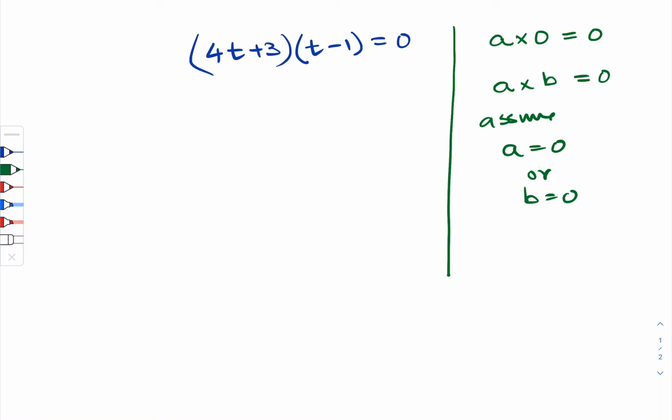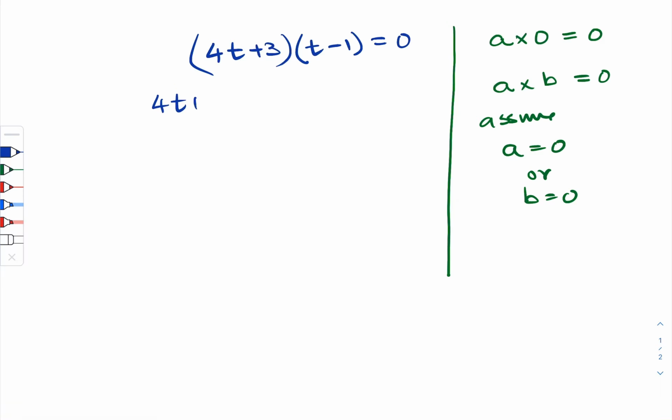This is the property that we're going to use in solving equations of this type, because we basically have two numbers, or rather two expressions, this one and this one. They're multiplied together and they're equal to 0. We don't know which one is 0 though, so we have to assume both scenarios, okay? So to solve this one, you separate them.